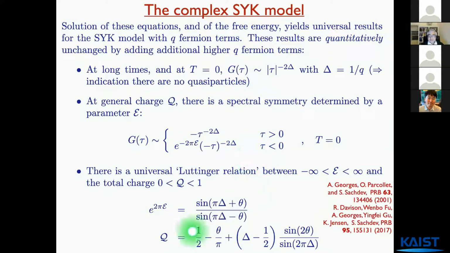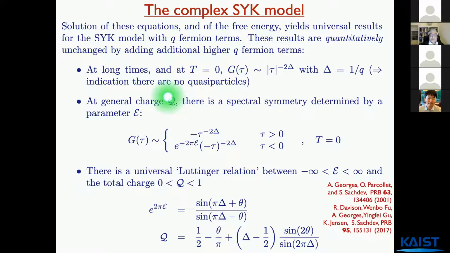This relationship is expressed by these complicated looking equations. It looks kind of messy, but the derivation of these equations has many similarities to the Luttinger-Ward derivation of the Luttinger relation for a Fermi liquid. So you can continuously tune E, but E, the IR property, is connected to the UV property.